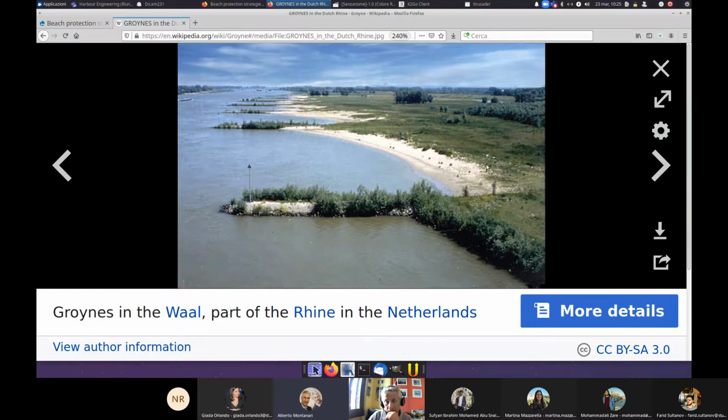And in this case, again, you have higher deposition on the side of the groin. If you are on a groin and you look with your face to the sea side, you see more sand on the left than on the right. But still, even on the right, you have had, thanks to the groin, some deposition. More deposition to the left, less to the right, but still these groins helped a lot to bring the shoreline forward.